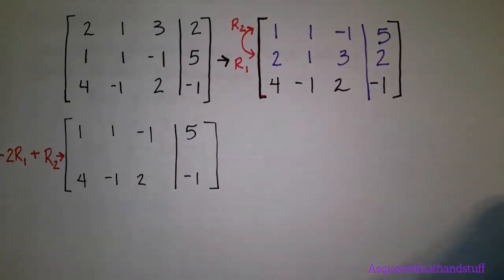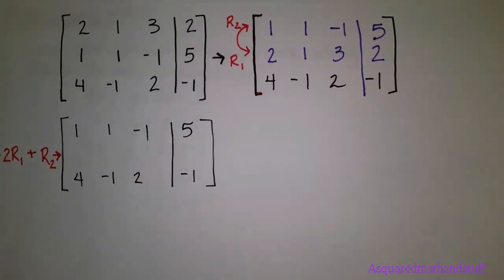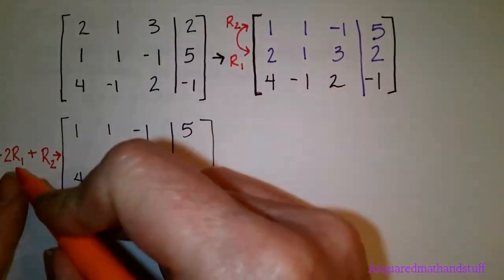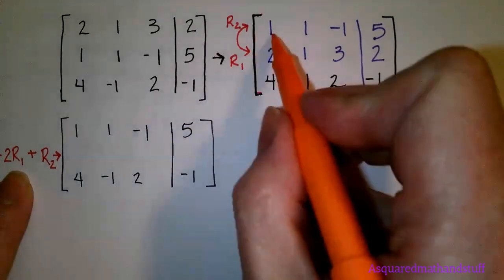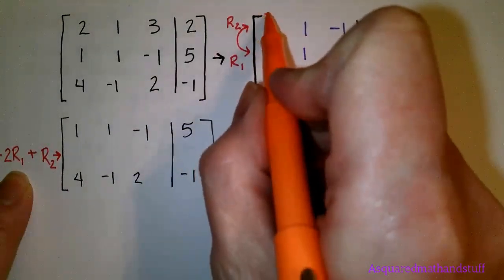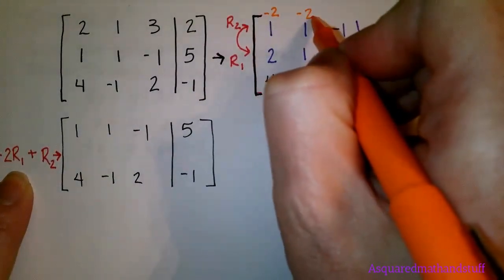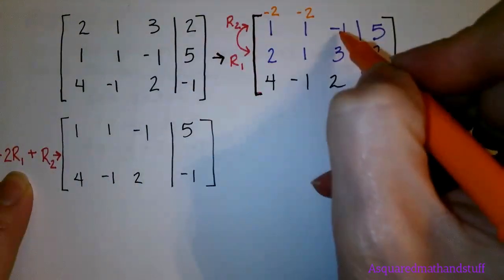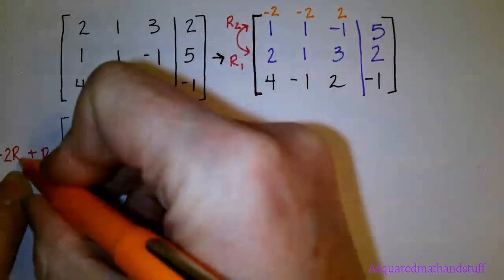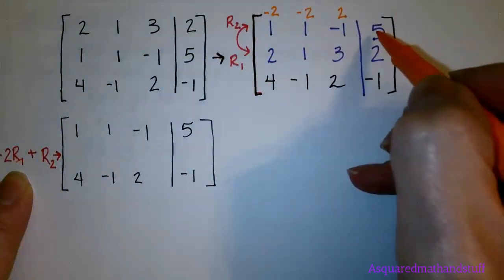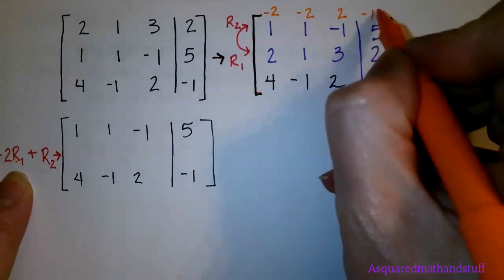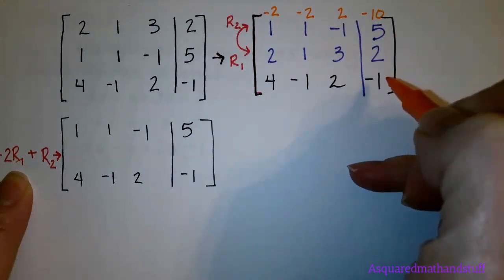So I'll do this on this first matrix, but after that, we're going to do the rest of the calculations in our head. So I'm doing -2 times row 1. So -2 times row 1 gives us a -2 here, and then another -2. -2 times a -1 gives us +2, and then -2 times 5 gives us a negative 10.